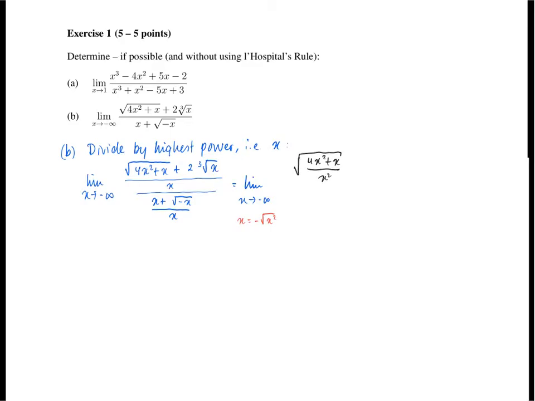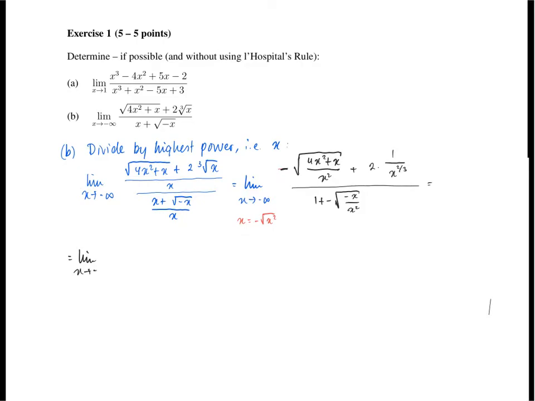So we may write the x squared inside the square root, if only we write a minus sign. And in the numerator we get 1 plus minus the square root of minus x divided by x squared.